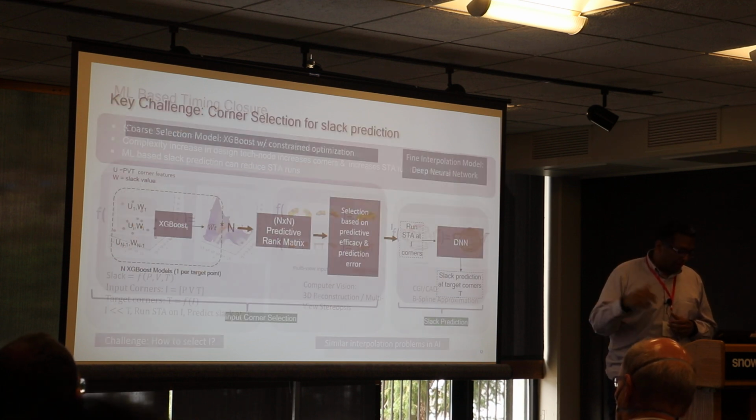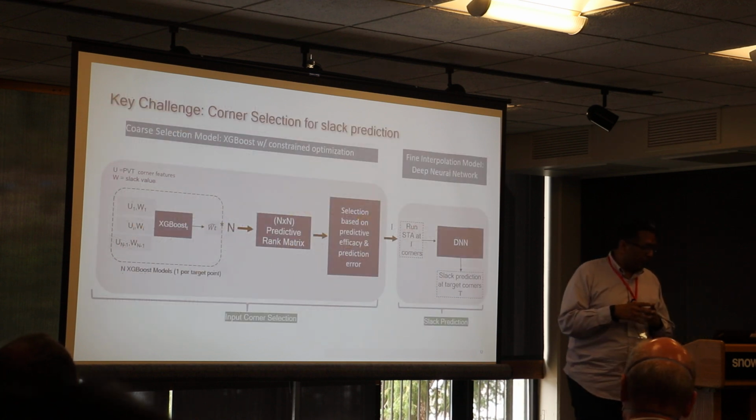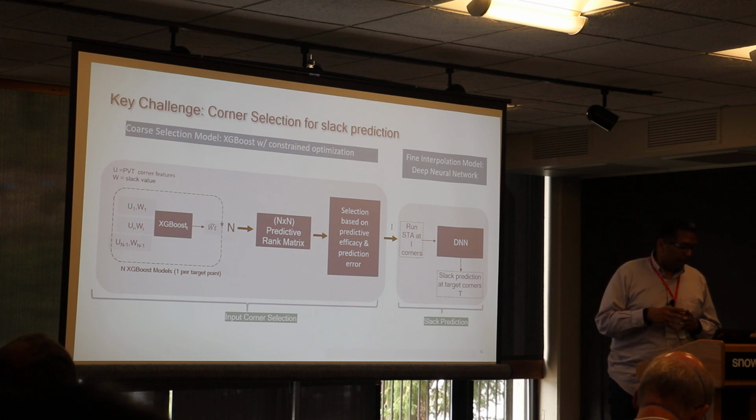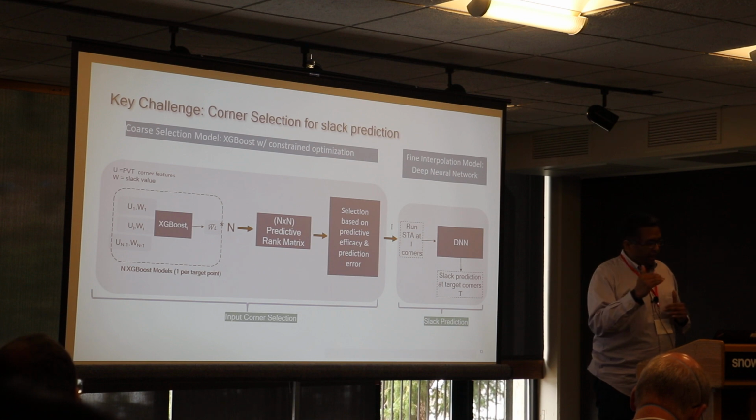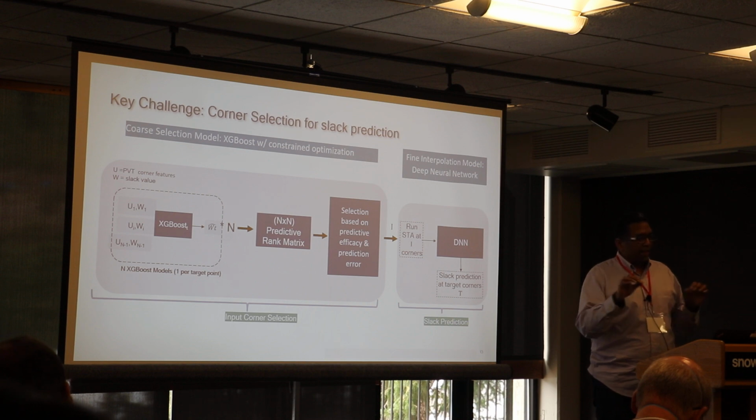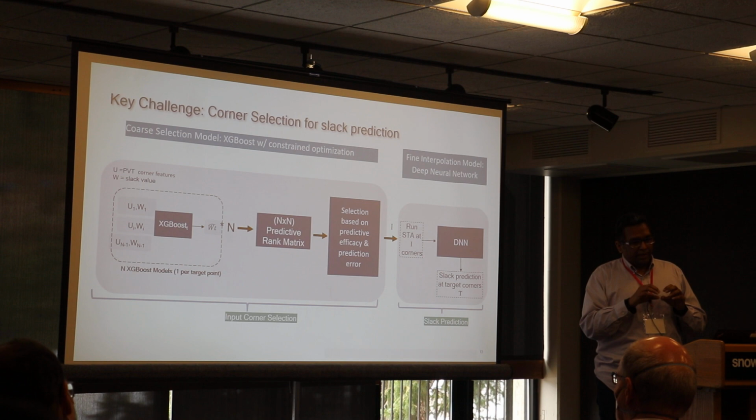So let's go a little bit more detailed into what we do in this list. We take the STA runs, and we take each corner and we use an ML to predict the slack in that corner based on the slacks of all the other corners.